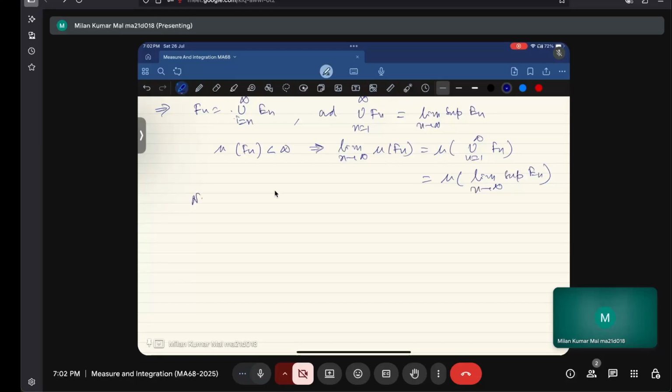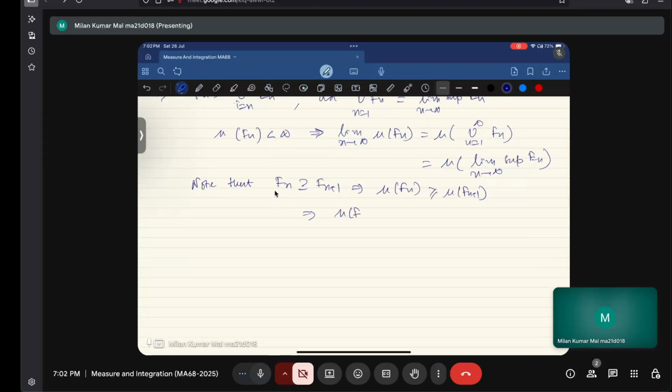Note that Fn is greater than or equal to Fn plus 1. So that means mu of Fn is greater than or equal to mu of Fn plus 1. That implies mu of Fn is a decreasing sequence.